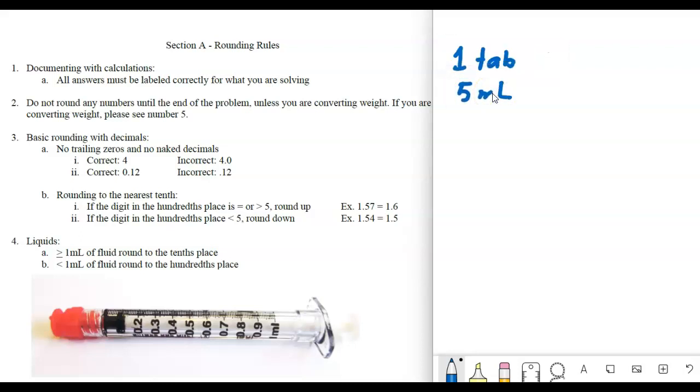What I don't want to see is just 5 as your final answer, because then 5 of what? It can be 5 of anything. So you want to make sure you label it. You have your units of measurement after your answer.